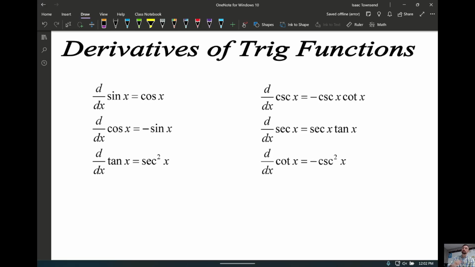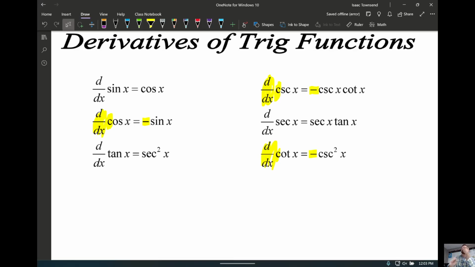All of the co's that are negative. Okay, so anything you're taking the derivative of that starts with C, the derivative is negative. So that'll help you a little bit. If you're taking the derivative of a trig function that does not start with C, it's positive.